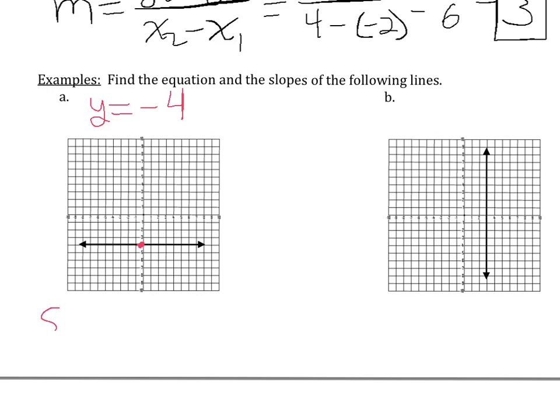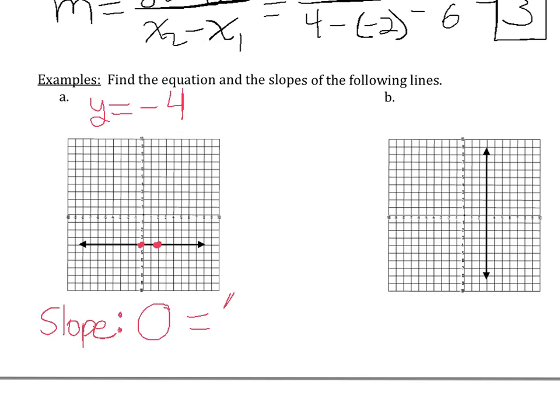Now we need to find our slope. Okay? In order for us to find our slope, you can choose 2 points on your line and you can use that slope formula. All right? What I'm going to do is I'm going to tell you that the slope of this line is 0. All right? And the reason why that slope is 0 is because, hey, if I pick another point, I'm just going to pick a point out of the blue, right?